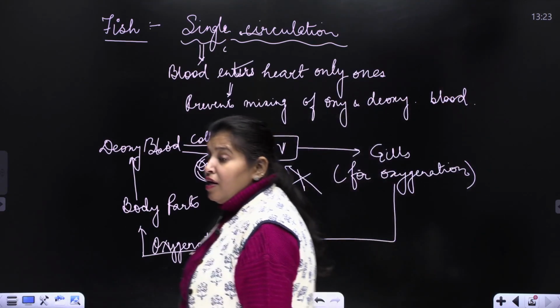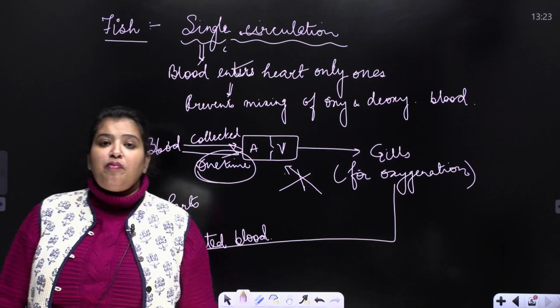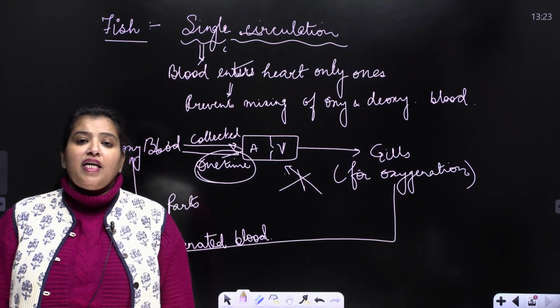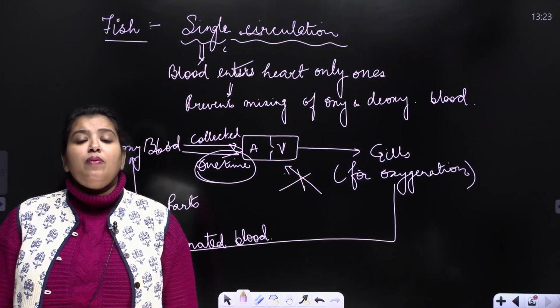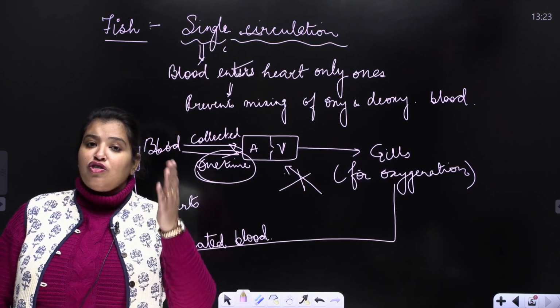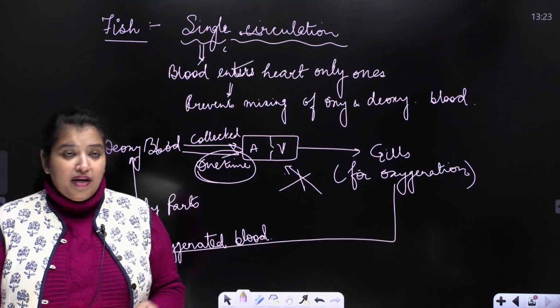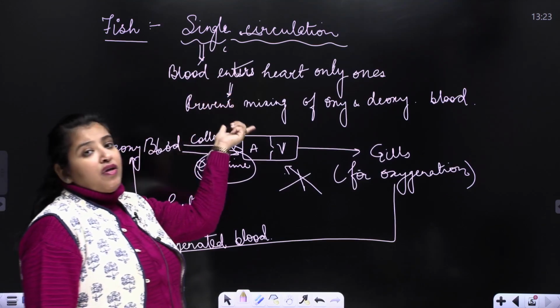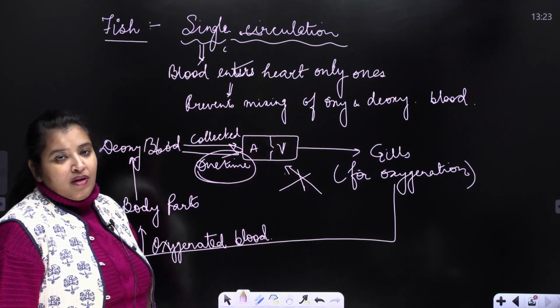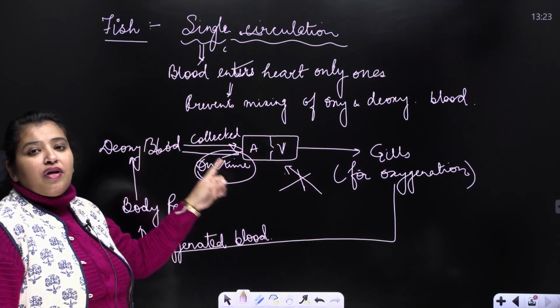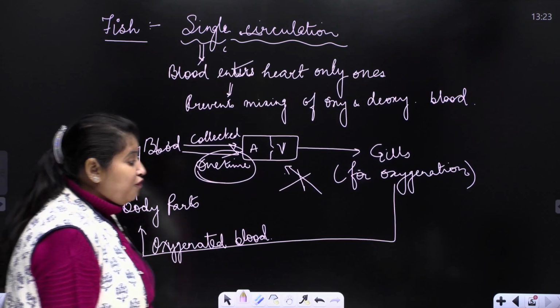This is the role that was taken by the septum in the human heart that we studied in the previous video. The septum was preventing the mixing of oxygenated and deoxygenated blood. Here, single circulation is the way to prevent mixing of the blood. So this is how circulation takes place in the case of fish.